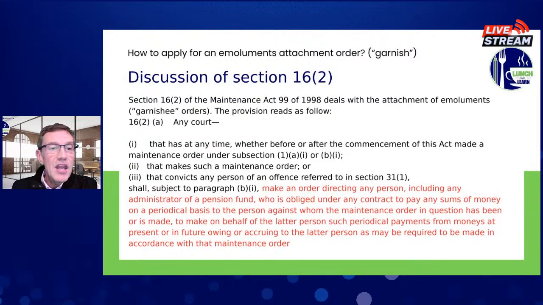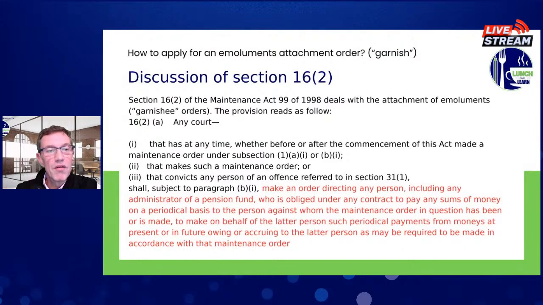It says that any court that has at any time, whether before or after the commencement of this Act, made a maintenance order, so obviously at any time now after the Act has commenced, it would give you the opportunity to apply for a garnishee order that makes such a maintenance order or that convicts a person in terms of an offense in terms of Section 31. And we'll get to that.